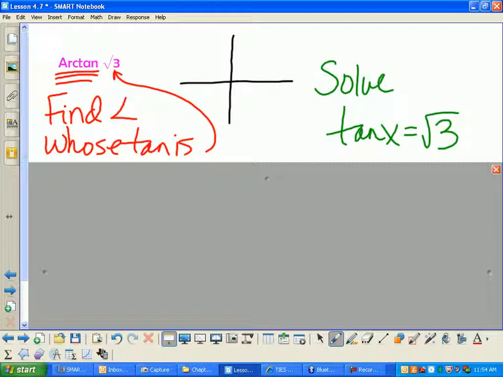To draw a triangle oriented in the correct quadrant, we need to remember arctan gives you an answer between negative pi over 2 and positive pi over 2. So that would give you an angle somewhere between here and here, not including either of those. Now, since this is a positive number, and tangent's positive in the first quadrant, you're going to draw your triangle in the quadrant that it belongs in.